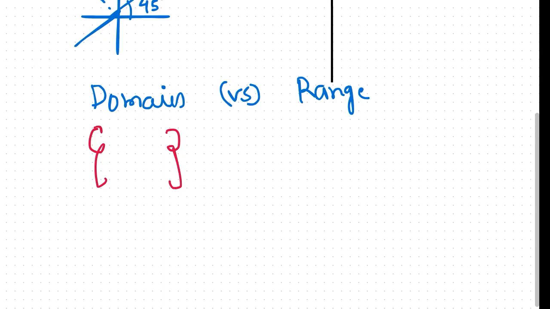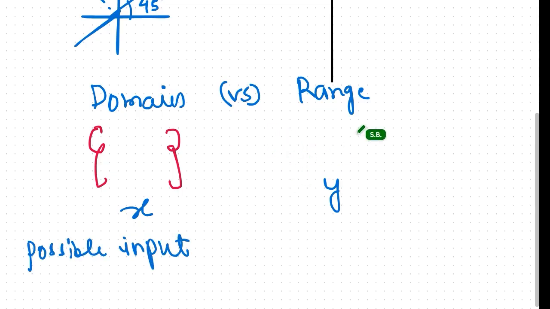Domain means possible x values, possible inputs. Range means corresponding y values, the outputs.